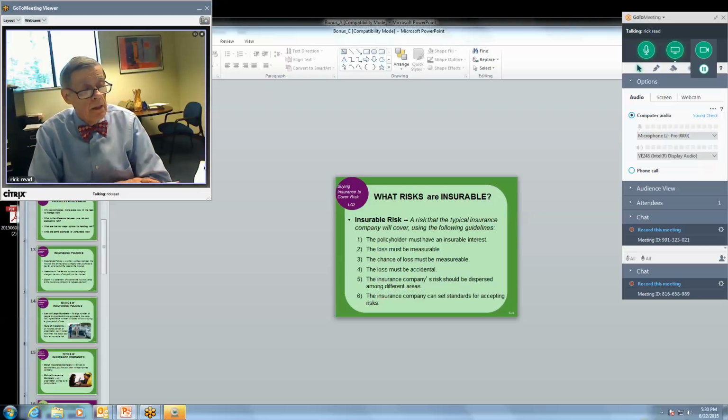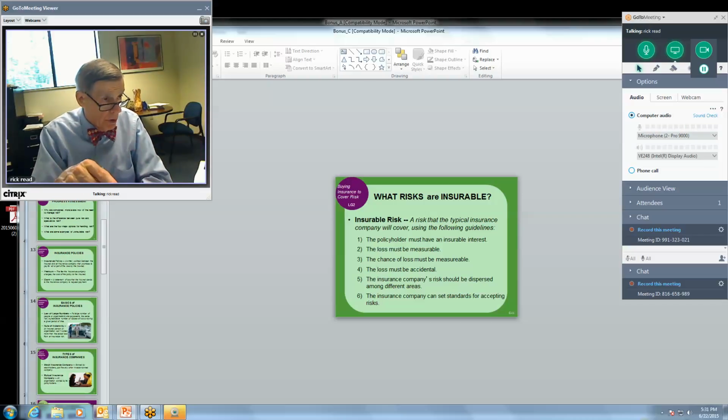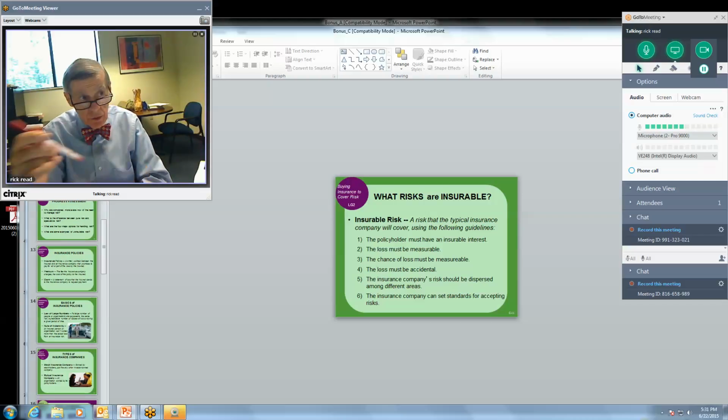The insurance company can say, okay, we will insure you, but your premium is going to be increased and will stay increased until you do one of several things: until the points go off of your driver's license, or until you go to driver's license school, or you do something else that improves your behavior.